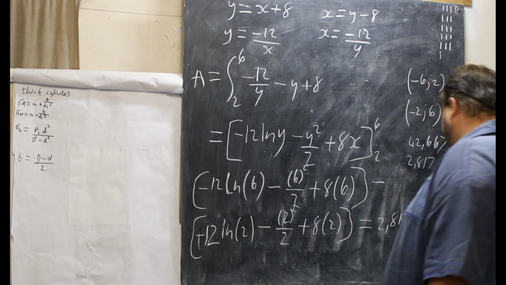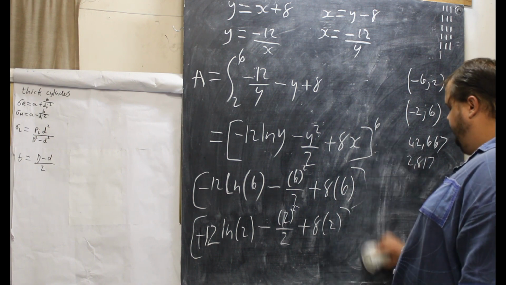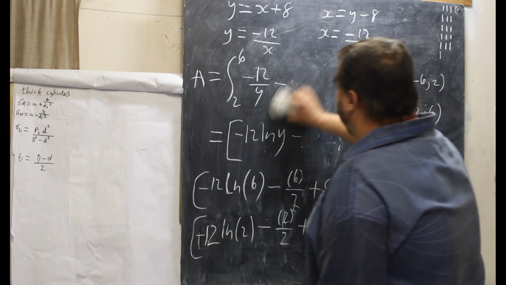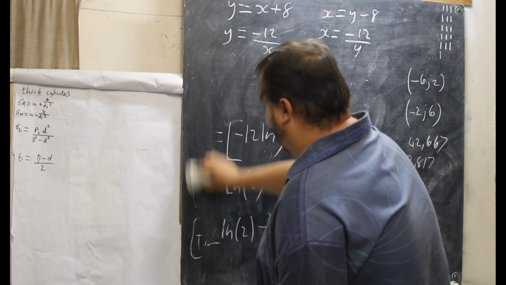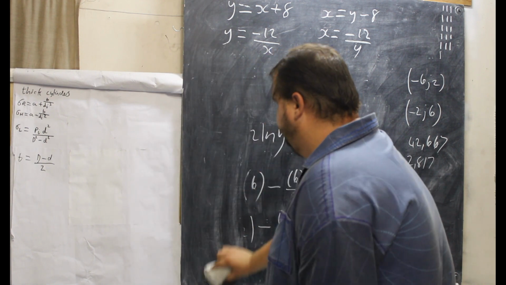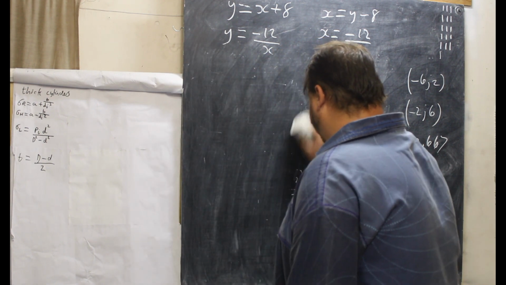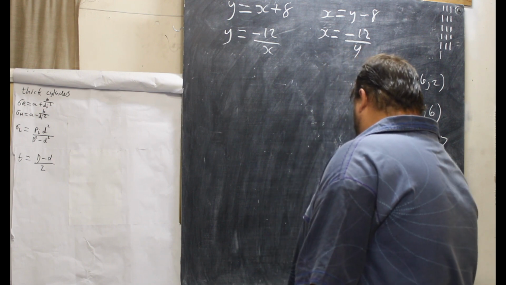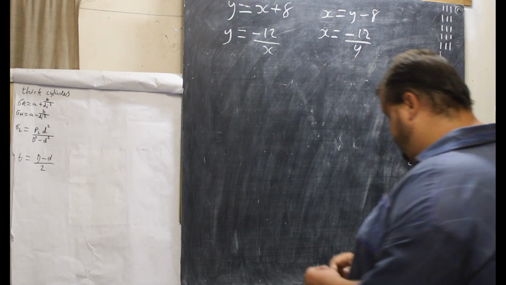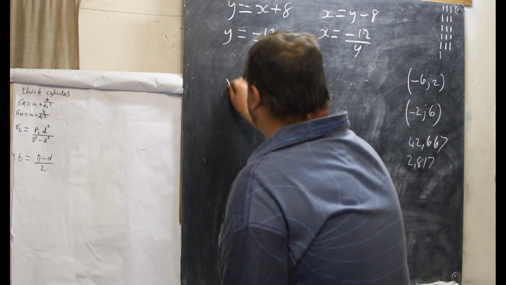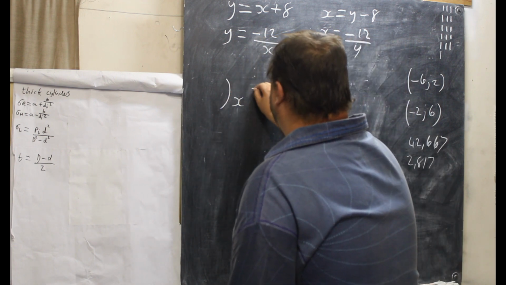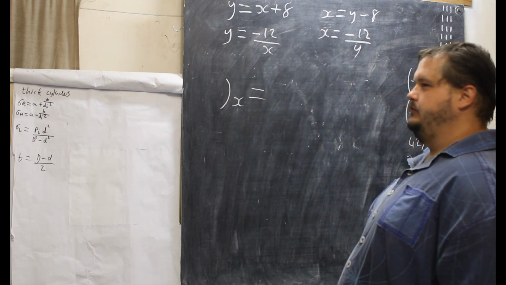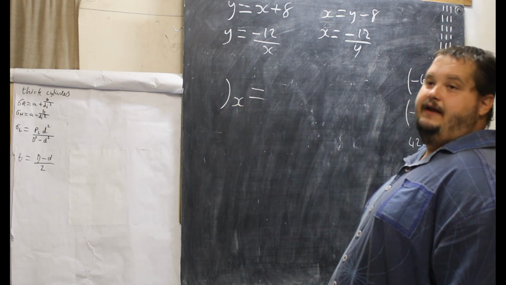Now, what we need to do is the final step. The final step is we divide both numbers. This is the symbol for what we're doing. This is second moment of area.